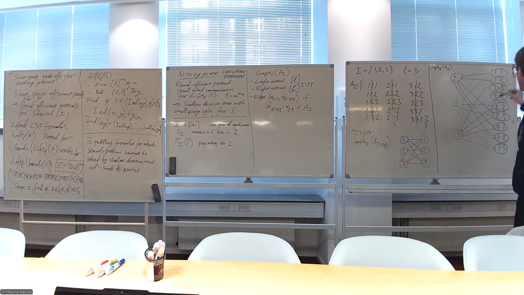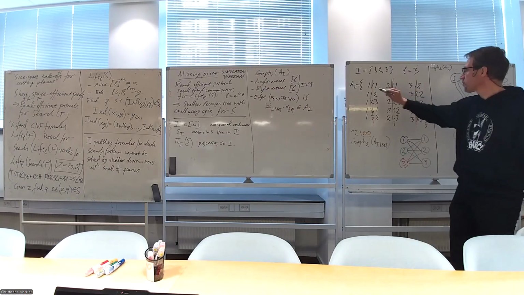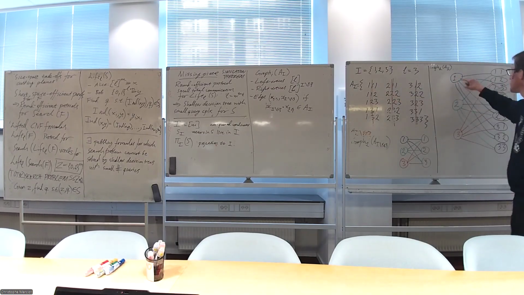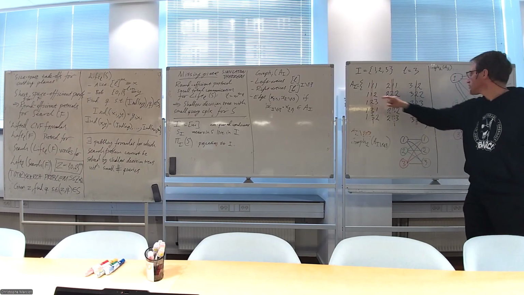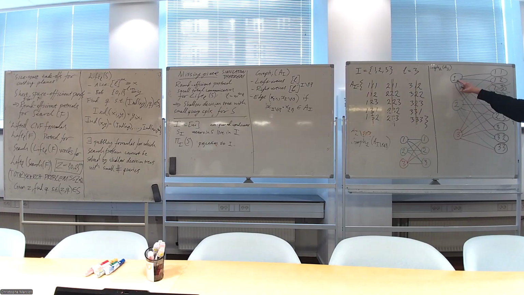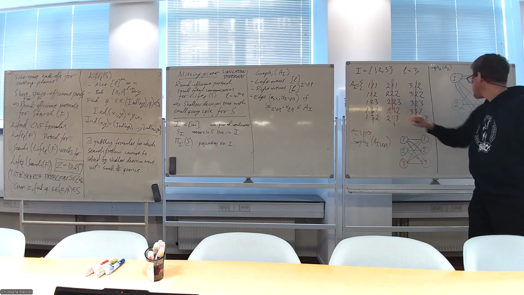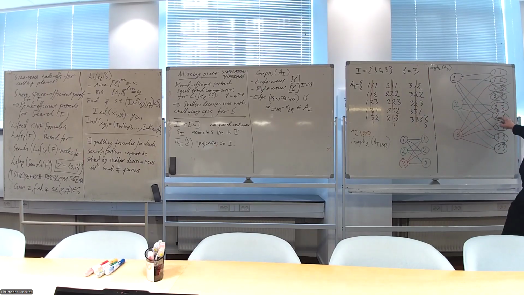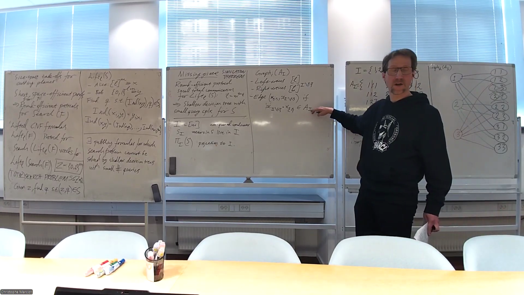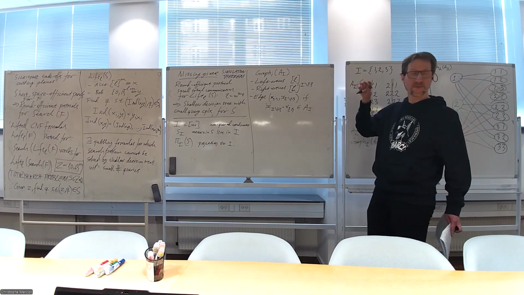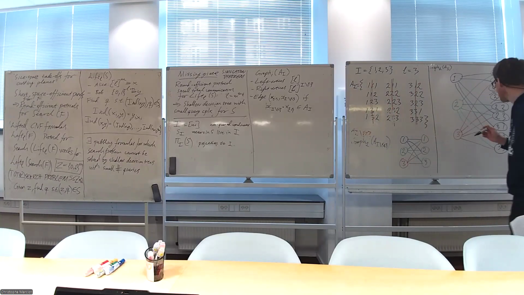On the right-hand side, I have all possible 9 options for coordinates 2 and 3. And whenever there is a completion, for instance, 1, 1, 1 gives me the edge between 1 and 1, 1. 1, 1, 2 gives me the edge between 1 and 1, 2. 1, 2, 3 gives me the edge between 1 and 2, 3. Okay? So this is just a graph representation of AI that gives me interesting information about the ith coordinate.